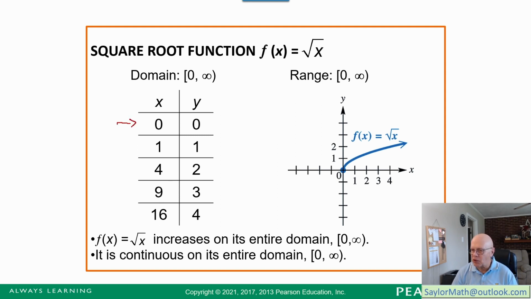So since you can use 0, do it, because it's easy. And if you're clever, you're going to use perfect squares for your x's. Like 1, 4, 9, 16, 25. You probably won't want to get too big because you won't be able to graph it.